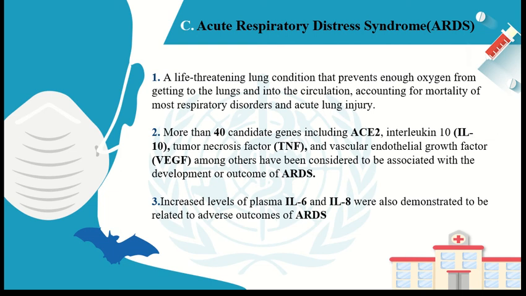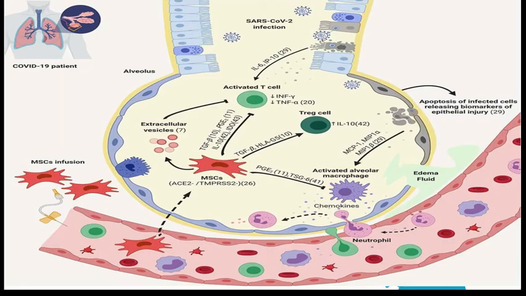Increased levels of plasma IL-6 and IL-8 were also demonstrated to relate to the adverse outcomes of ARDS. This is the figure showing ARDS, meaning how the T cells are activated and how this pathogenesis occurs.